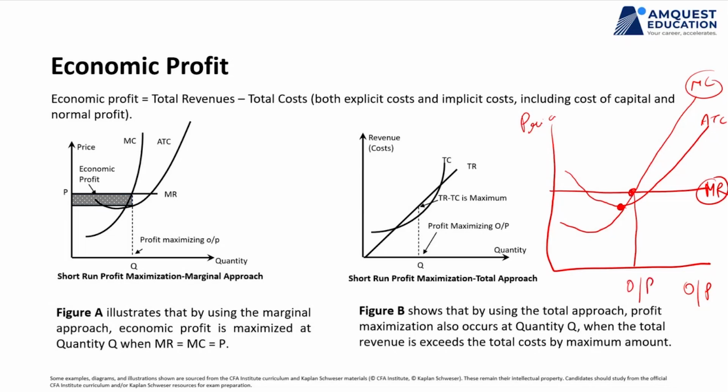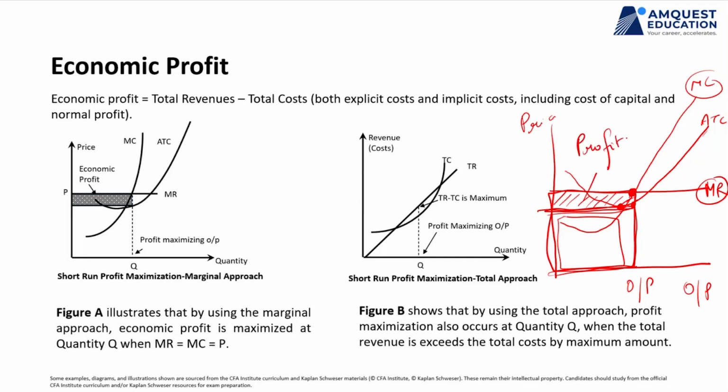Now tell me at this output, what is my cost? See the cost curve. So my cost is so much, correct? So at this output, my revenue is so much and my cost is so much. So what's my profit? My profit is this region.